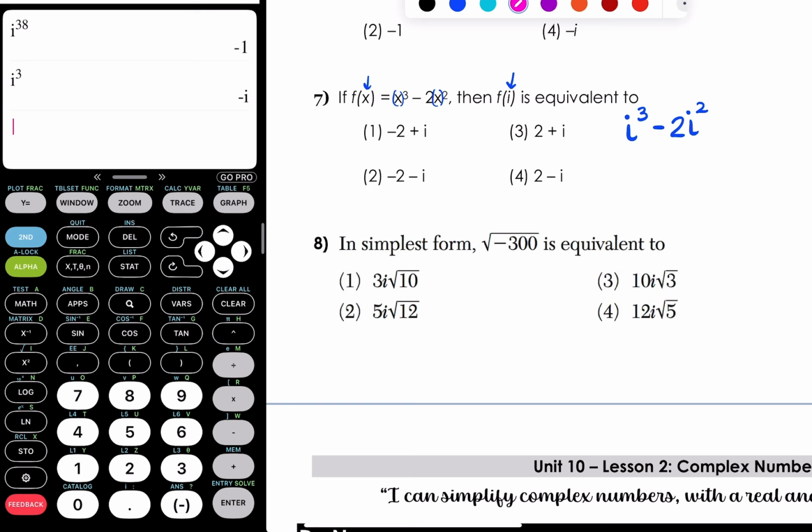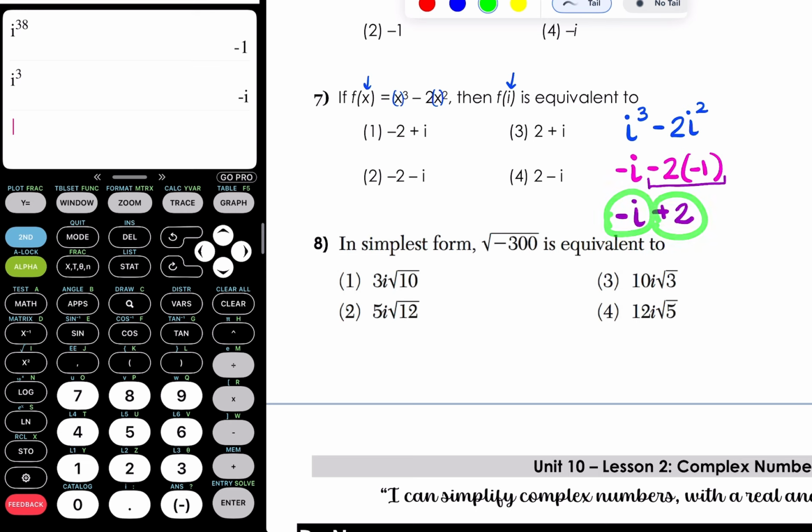I know that i cubed simplifies to negative i, and I know that i squared is negative 1. So now I'm left with something I could simplify a little bit further. I have negative i, and then negative 2 times negative 1 is positive 2. Okay, and the only answer choice that matches up where we have a negative i and a positive 2 is answer choice 4.